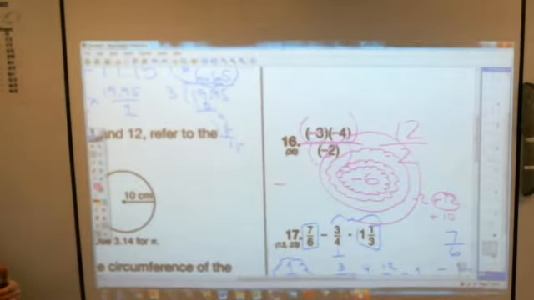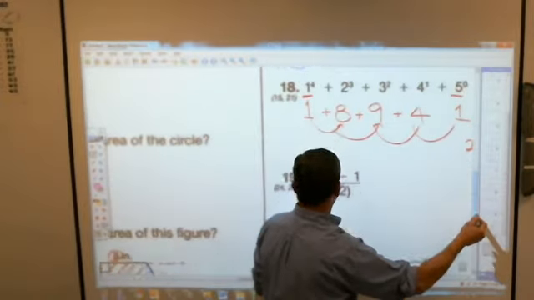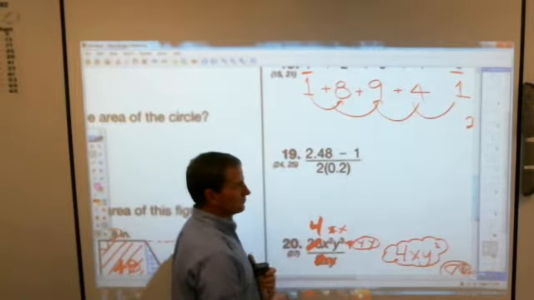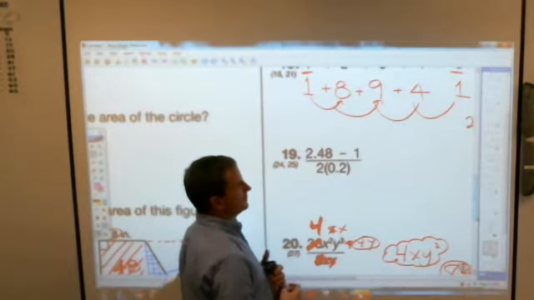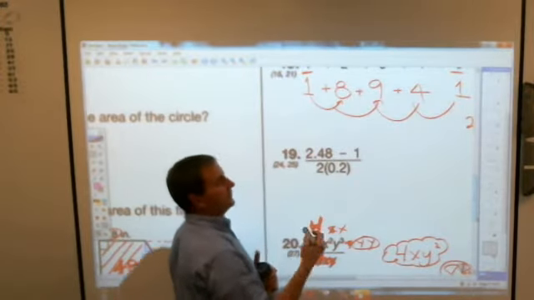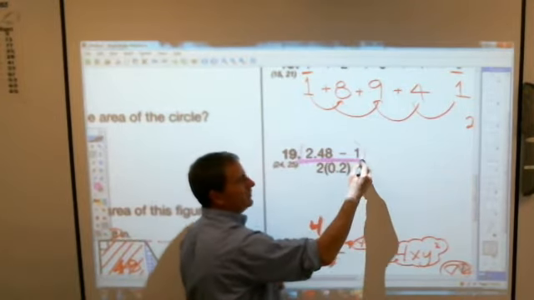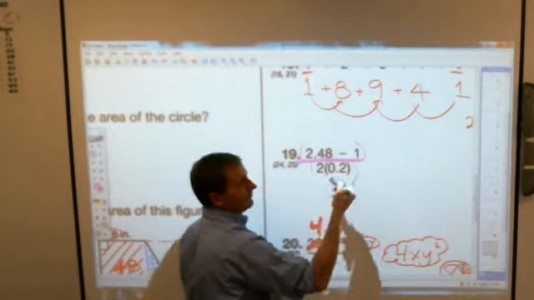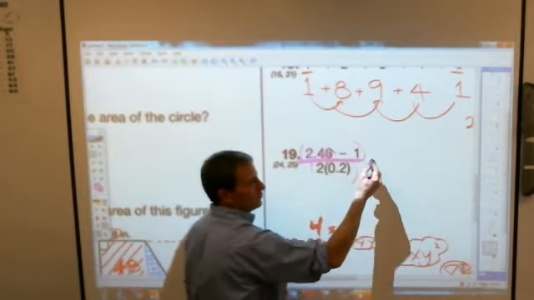Number 19, I don't know how I got it. Did you write the right problem? No. Do I still want to do it? But again, let's do it just because. Again, this is a grouping symbol, so you have to do this and do that, and then finish up with your division. 2.48 minus 1 should be pretty simple for you.